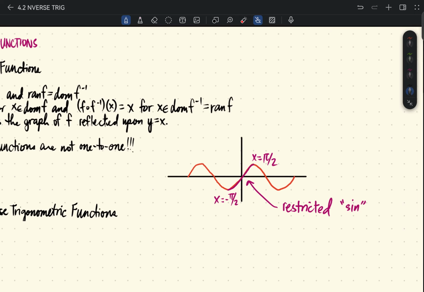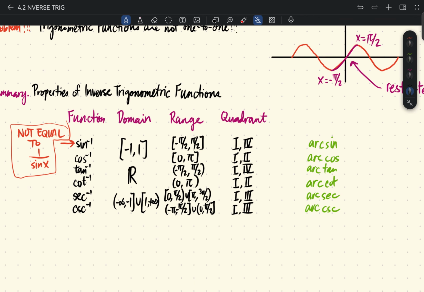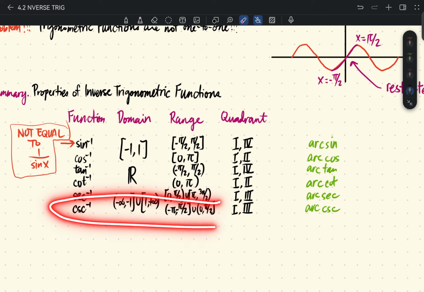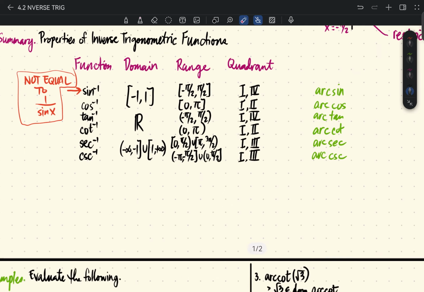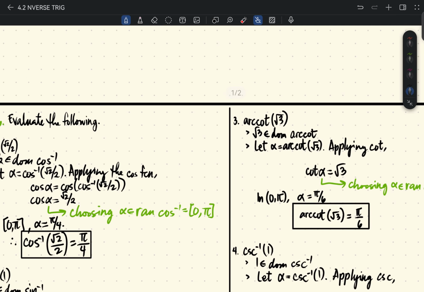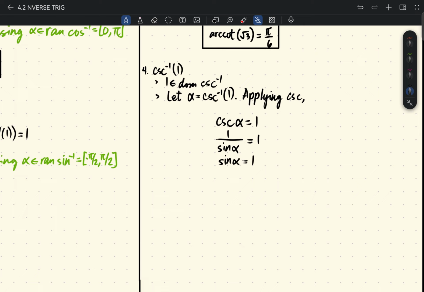So how do we solve for this one? Once again, we take note of the range of your cosecant inverse. So the range of your cosecant inverse is this one right here. So we are choosing alpha to be in the range of cosecant inverse, which is negative pi to negative pi over 2, union 0 to pi over 2.